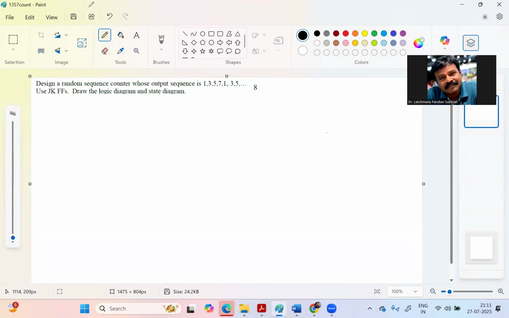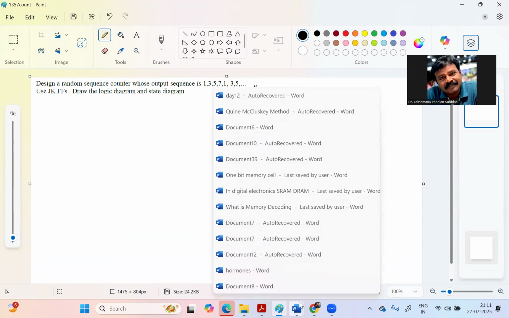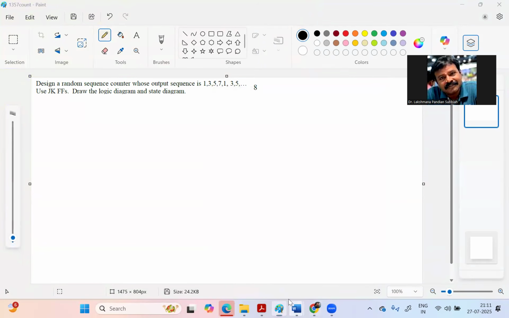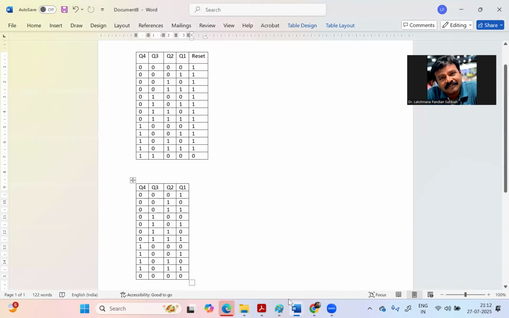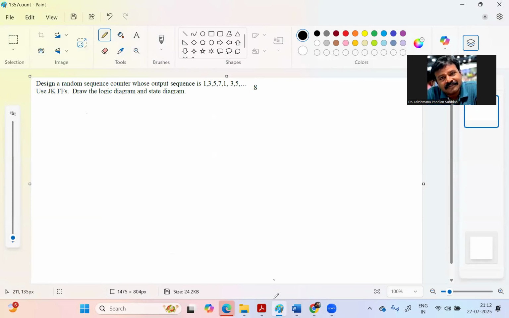How do you solve it? Now you have to take the sequence, 1, 3, 5, 7. So 3 flip-flops are enough.